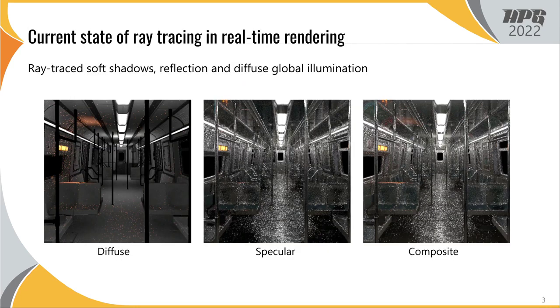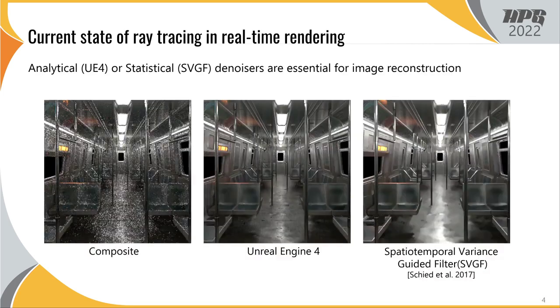supersampled. Ray tracing is now widely used in games to create realistic light effects such as soft shadows, glossy reflections, and diffuse global illumination. We are still limited to a few rays per pixel for achieving real-time performance, resulting in noisy images.